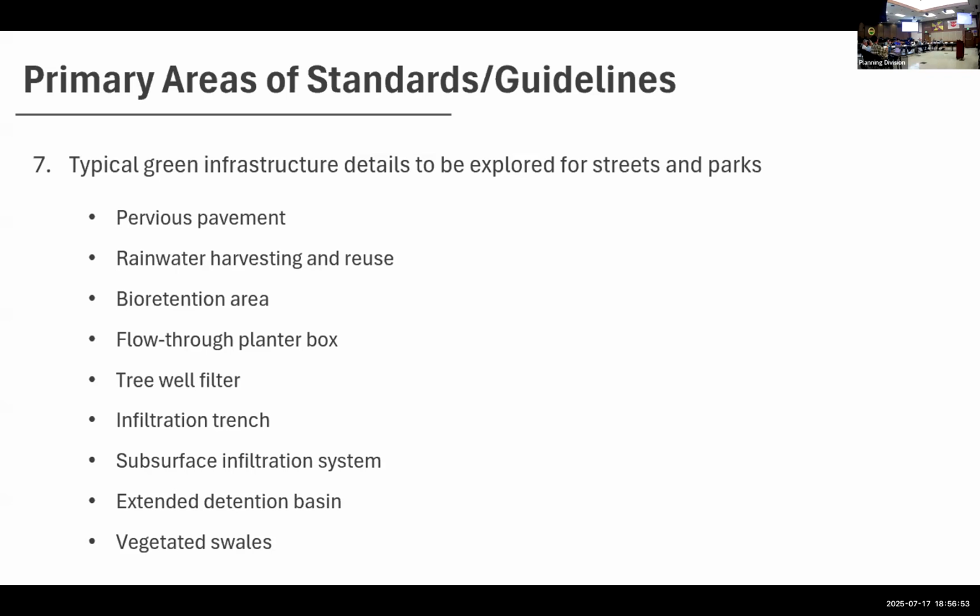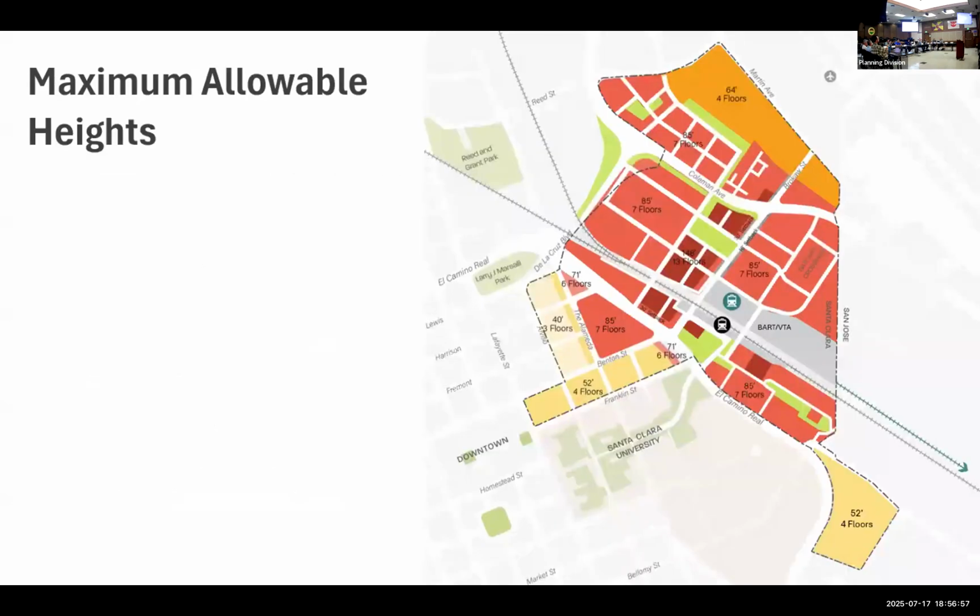So I wanted to walk through some of the preliminary thinking on some of these key areas that we talked about. This is one of the key things that we would want to discuss further, which is the maximum allowable building heights diagram. Most of the project area on the other side of the tracks is at an 85-foot height with a maximum of 7 floors.